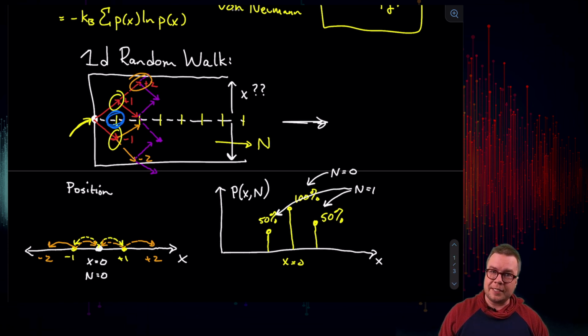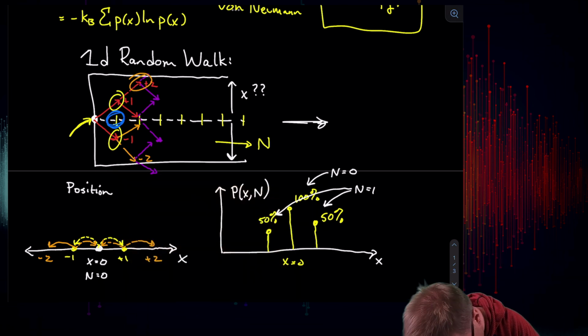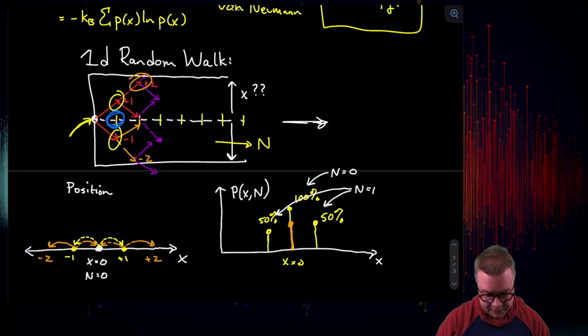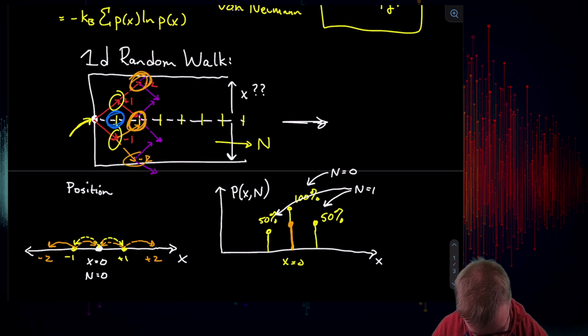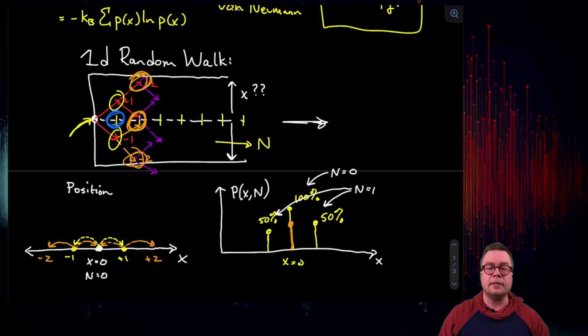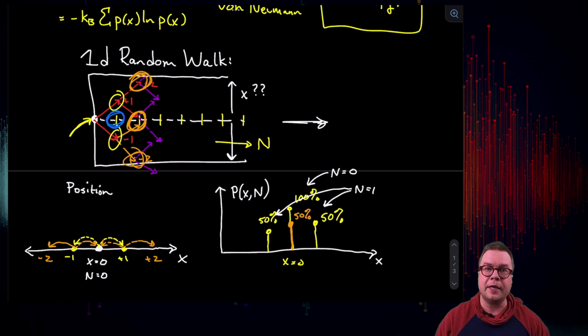Now what happens after they take 2 steps? Well, I'm going to change colors to try to keep this readable. There's 4 possible positions that they can end up at, right? After 2 steps, 2 ways lead to the middle, and only 1 way ends at ±2. So there's a 50% chance, 2 ways out of 4, that they could be in the middle of the alleyway.